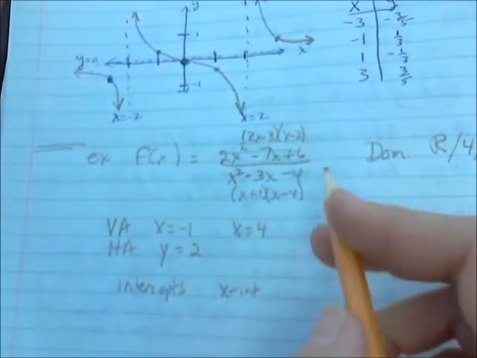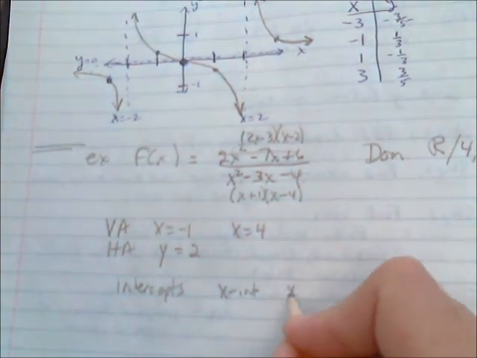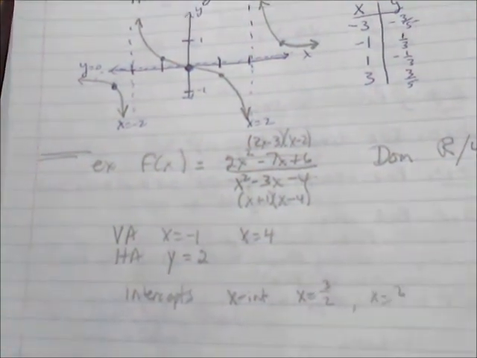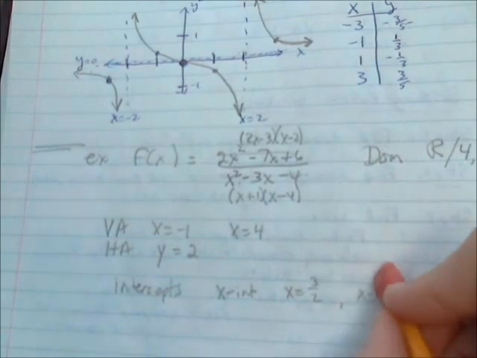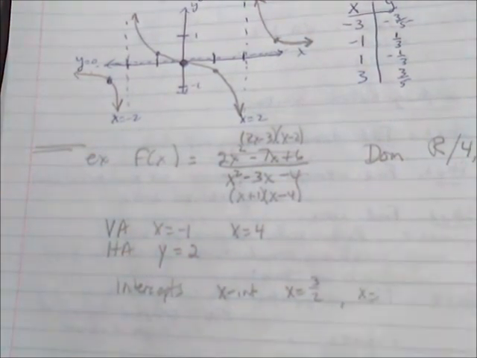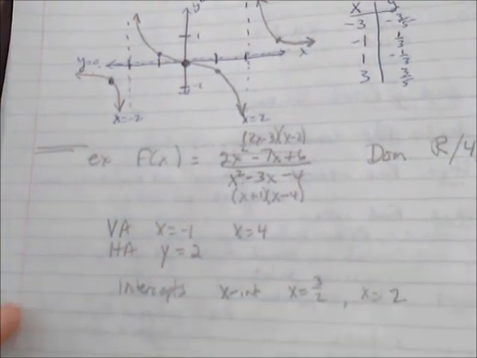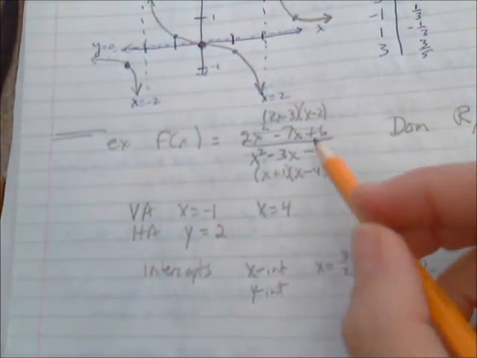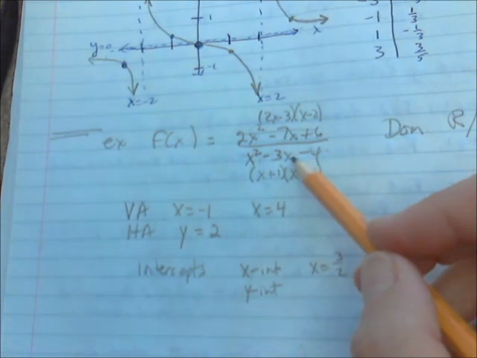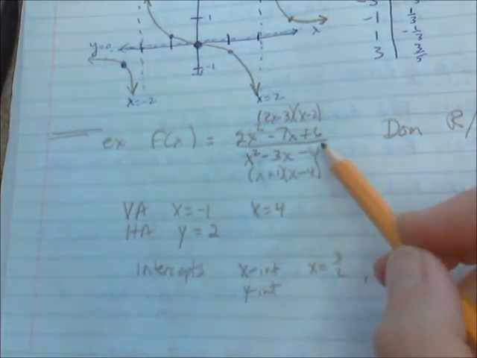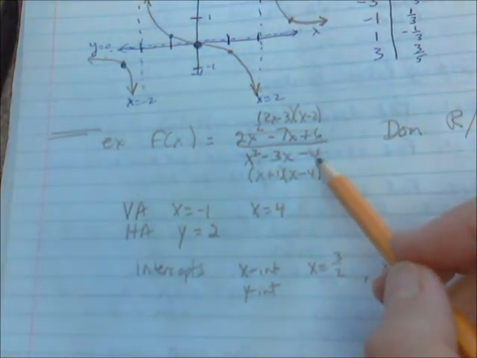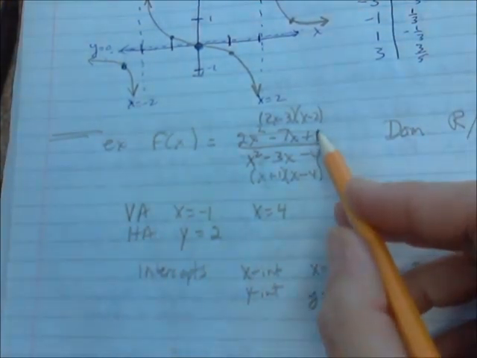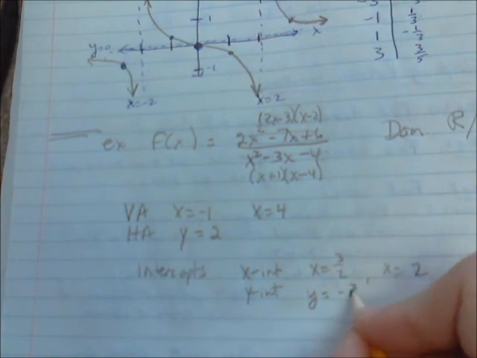And what makes the numerator equal to 0 is x equals 3/2 and x equals 2. So you have two x-intercepts on this. And the y-intercept is in the original function when you let x equal 0. Everything goes to 0 except this positive 6 and the -4. So the y-intercept is y is equal to 6 over -4, which is -3/2.